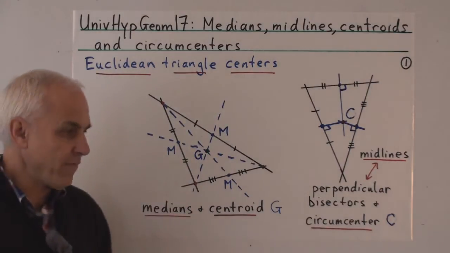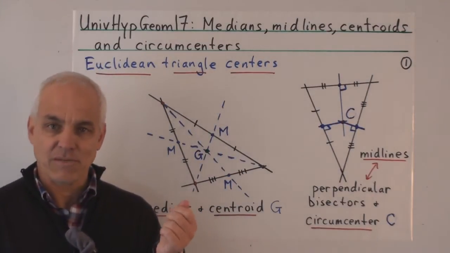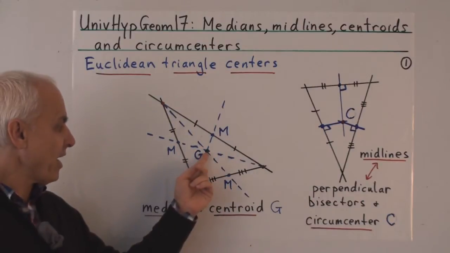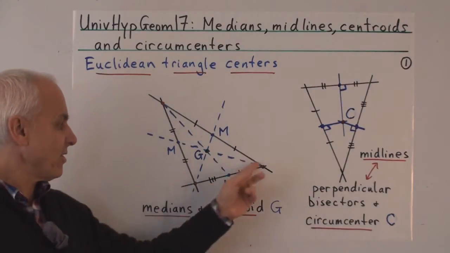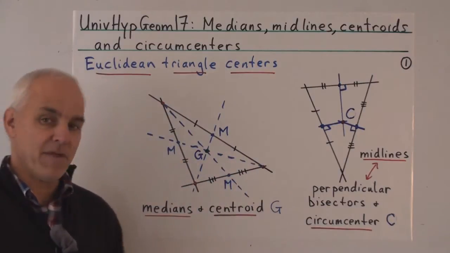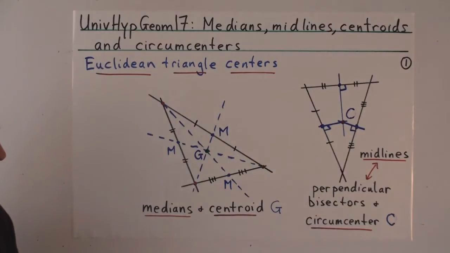Now, this centroid often has a balance interpretation. It's the point on the triangle where if you put your finger underneath it, the 3 weights or masses on the triangle vertices would balance. So it's a balancing point.